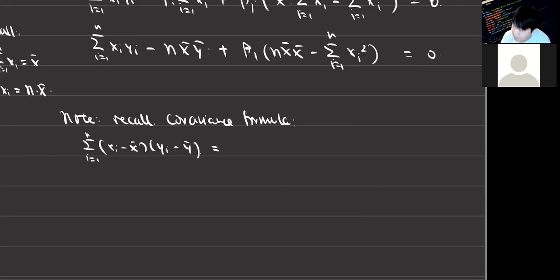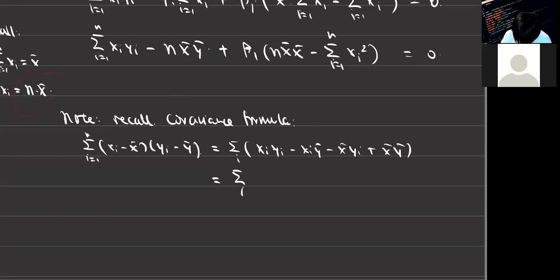That is going to give us what? That is going to give us summation. We're going to distribute this out. So xi times yi minus xi y bar minus x bar yi plus x bar y bar, right? And we're going to use the same trick that we used before.